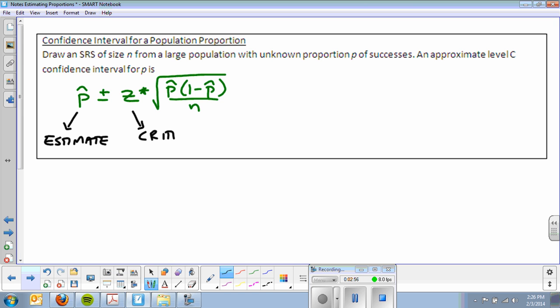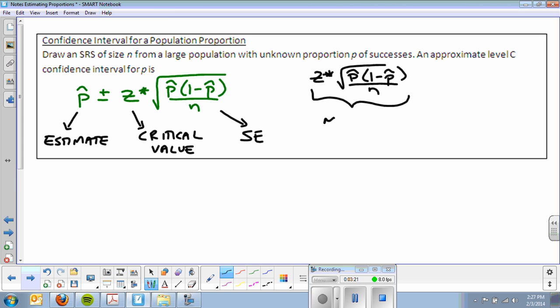Z star is the critical value, and I did do a separate quick 5-minute video on how to calculate that. And this, of course, is just your standard error, or standard deviation of the statistic. Now, this whole right side, the plus or minus part, the Z star times the square root of P hat times 1 minus P hat over N, that whole part is called the margin of error. So if you heard me talk about that in class, this is what I'm referring to. It's simply what you add or subtract to your statistic.